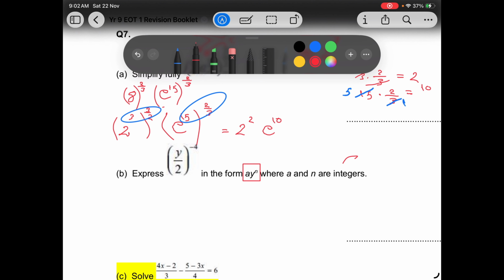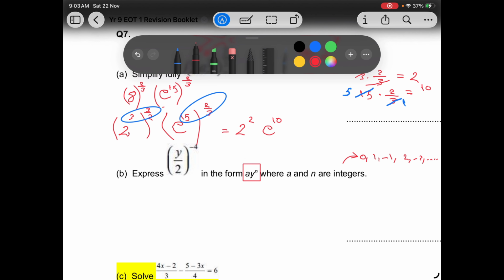So integers means 0, of course, 1 and minus 1, 2 and minus 2, so on and so forth to infinity and minus infinity. So it's 0 along with 1, 2, 3, 4, 5, go on, and minus 1, minus 2, and go down till the end. Okay.